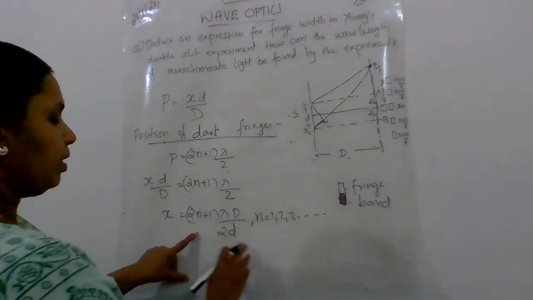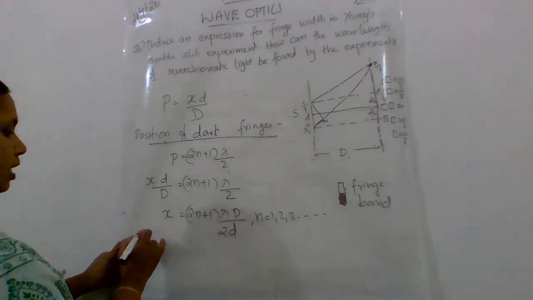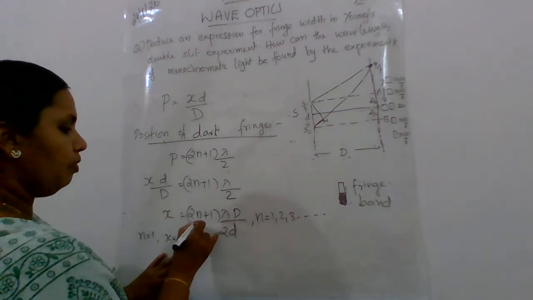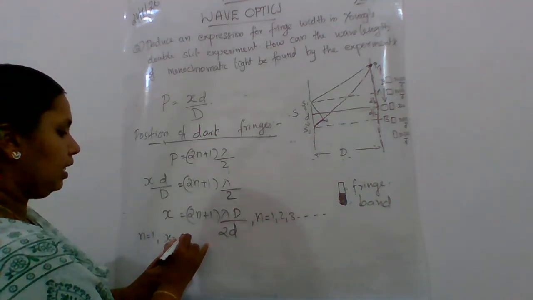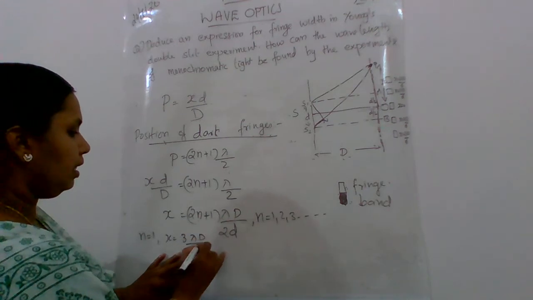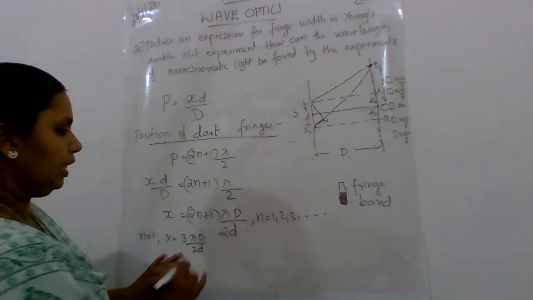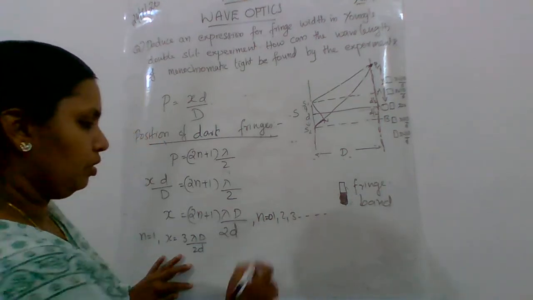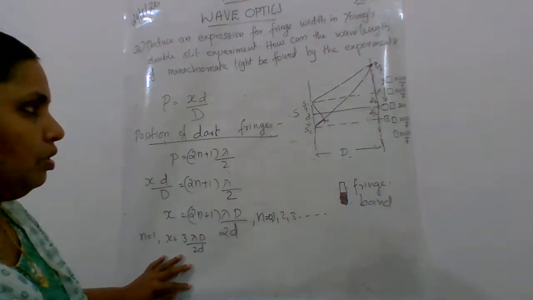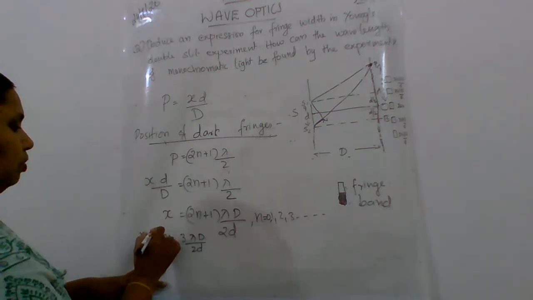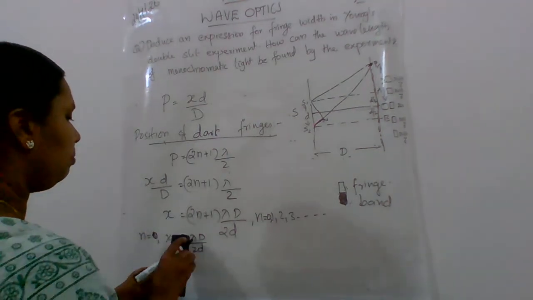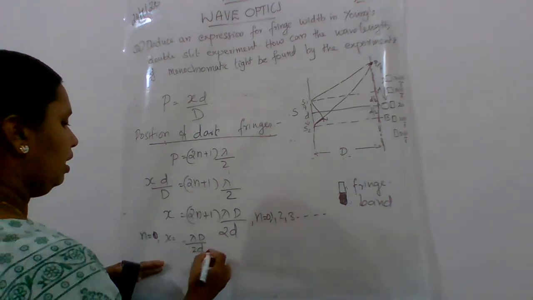Sorry, start from 0. n is equal to 0, this is lambda D by 2d.